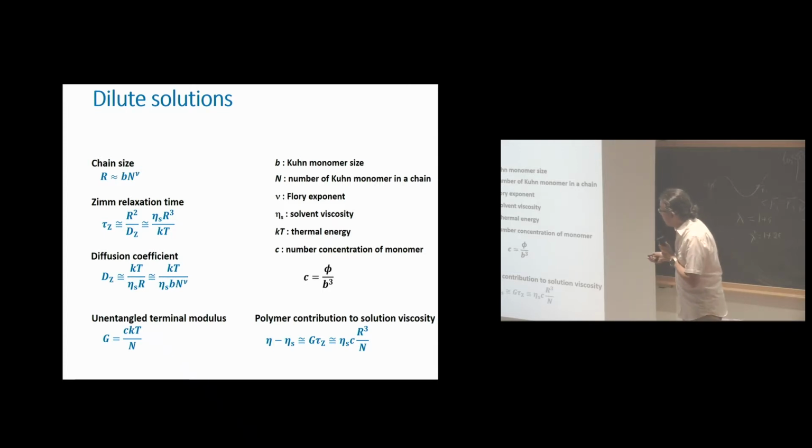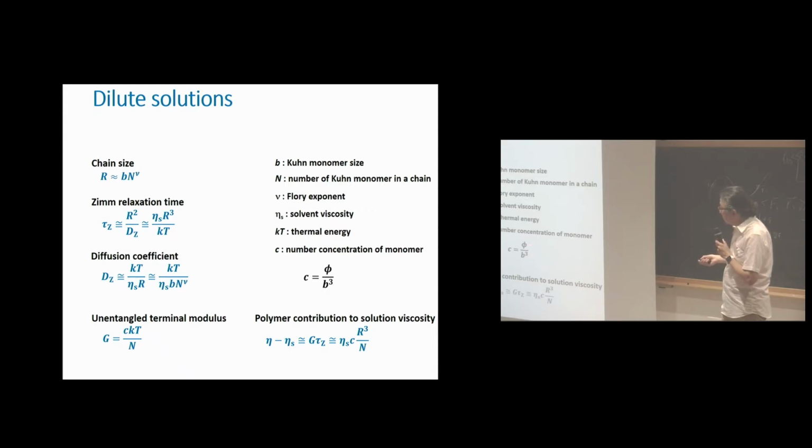That's what you saw. The unentangled terminal modulus was also given. You should know that the modulus is basically the energy kT per unit of volume. Here, this is the volume occupied by a chain, which is in fact N over c. As a reminder, c is the number concentration of monomers, which we will convert into the volume fraction phi on the next slide.